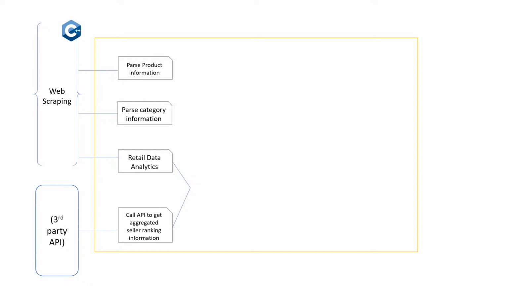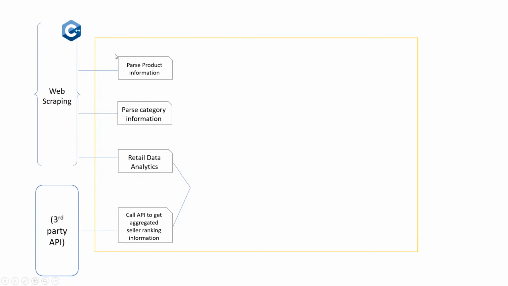So Amazon provides sellers with retail data analytics dashboards, and there's a basic dashboard, and some sellers, if they buy a premium, get a premium dashboard. So depending on whether you're a basic seller or a premium seller, that seller's data was downloaded.